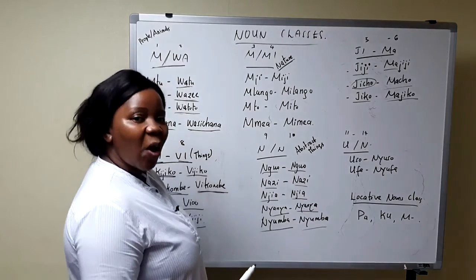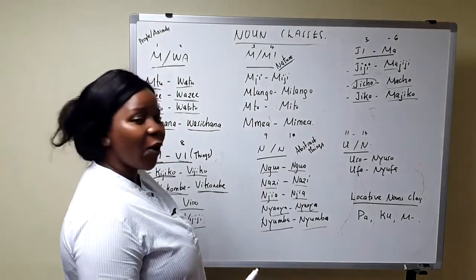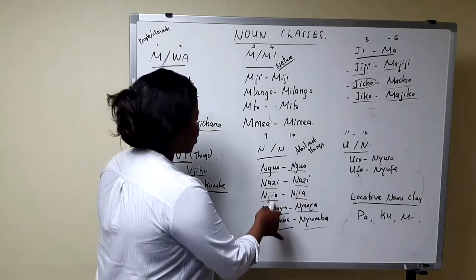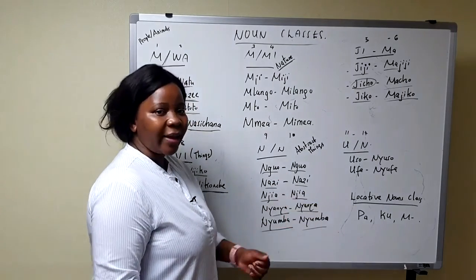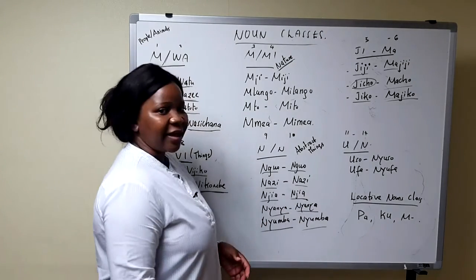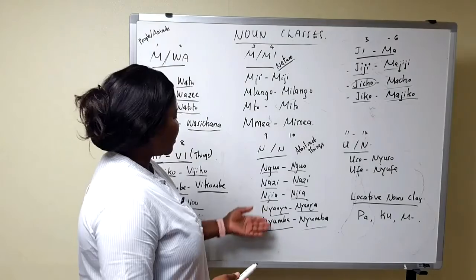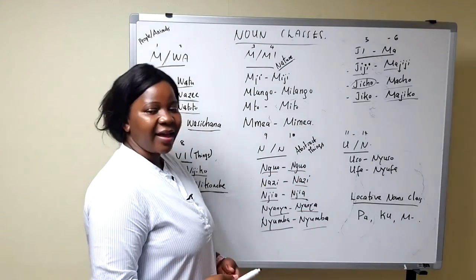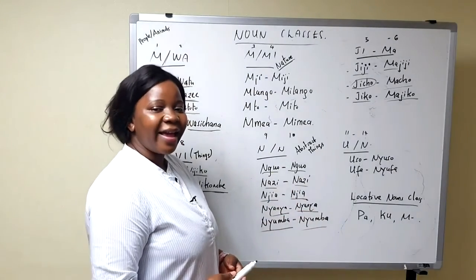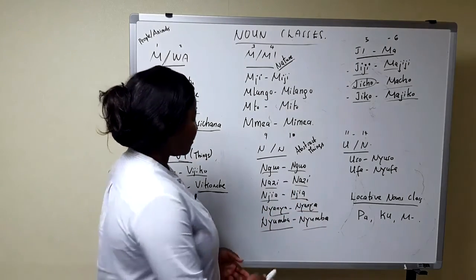Nazi is a coconut. In plural, nazi. Njia is a way. In plural, njia. Nyanya, tomato. In plural, nyanya, tomatoes. So nyanya in singular and nyanya in plural is just the same.